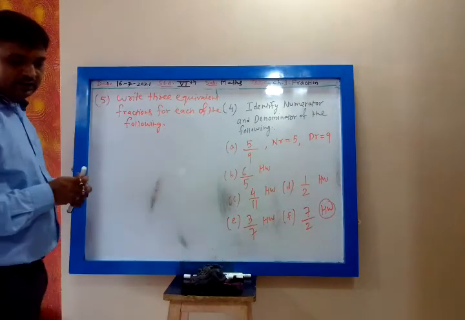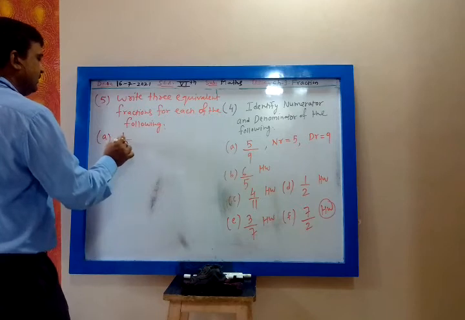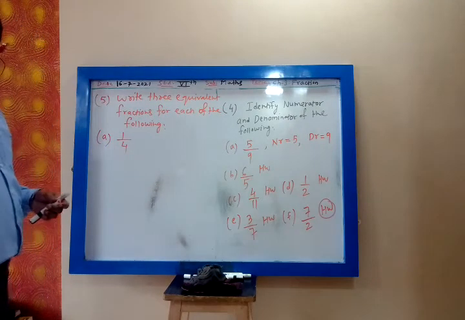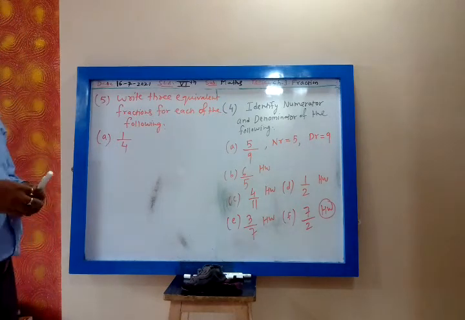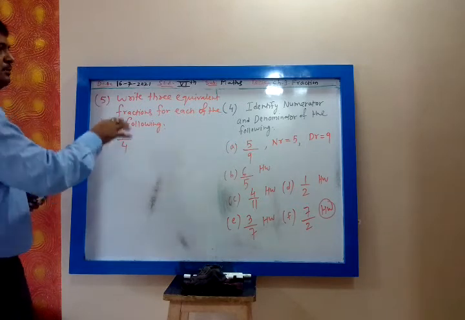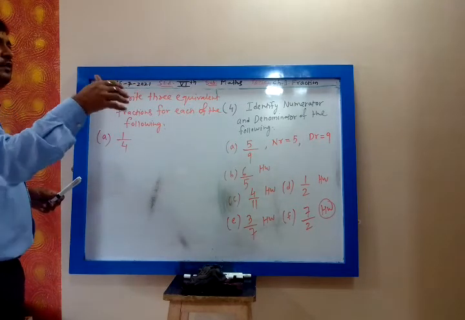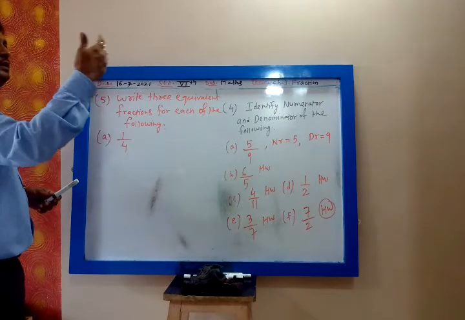Okay. So first it is A, 1 by 4. Now to write 3 equivalent fractions, I will multiply the given fraction by 3 different numbers. First I will multiply by 2, second multiply by 3, next multiply by 4.